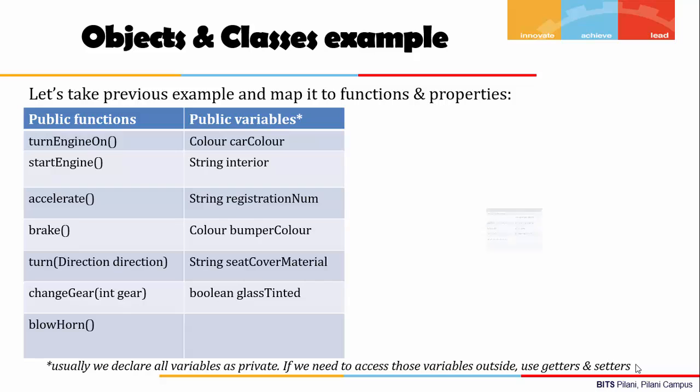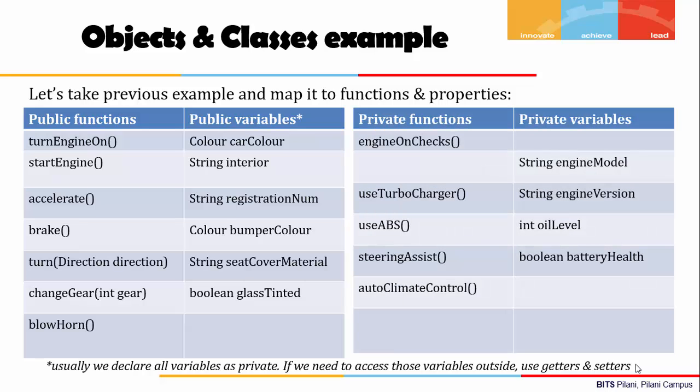For example, when we turn on the car, internally the system checks a lot of things like engine oil levels, battery health, and other basic stuff. These things are not initialized directly by the user, but by the turn on function itself.